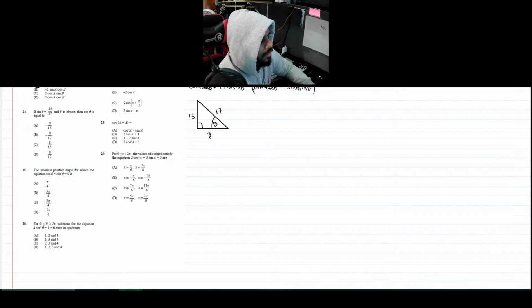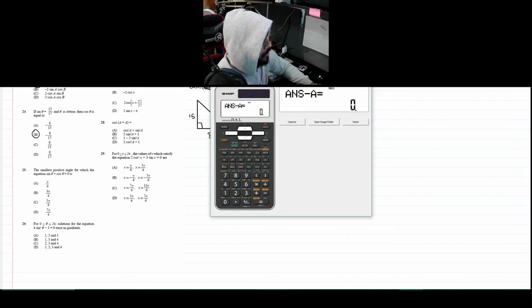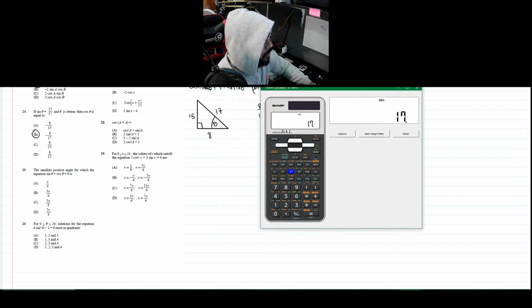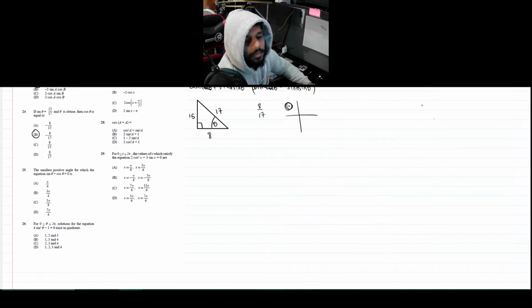Cosine theta is adjacent over hypotenuse, which is 8 over 17. Theta is obtuse. Obtuse is here, and sine is positive here, so this could be negative 8 over 17. Right, so let me just check and see. 17 squared minus 15 squared is 64, so we get 8 as the adjacent.